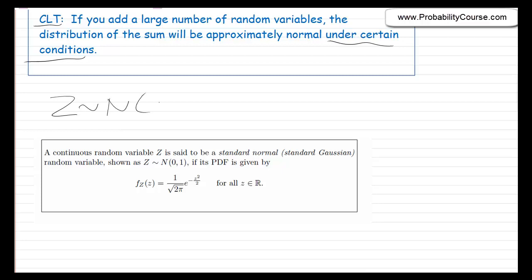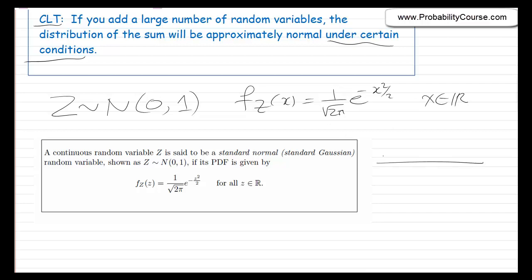We say that Z is the standard normal random variable, or it has the standard normal distribution. We write it like this. If its PDF f_Z(x) is given by 1 over square root 2 pi e to the minus x squared over 2 for all x. Okay, so that's basically the curve that we saw.